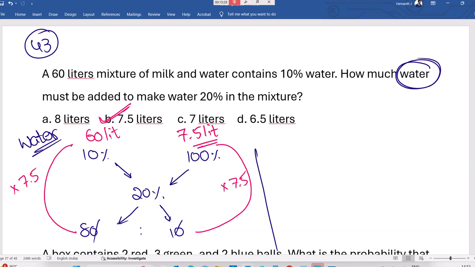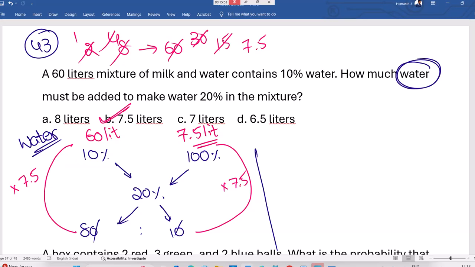When 8 represents 60, 4 represents 30, 2 represents 15, then 1 represents how much? That is why it is 7.5.